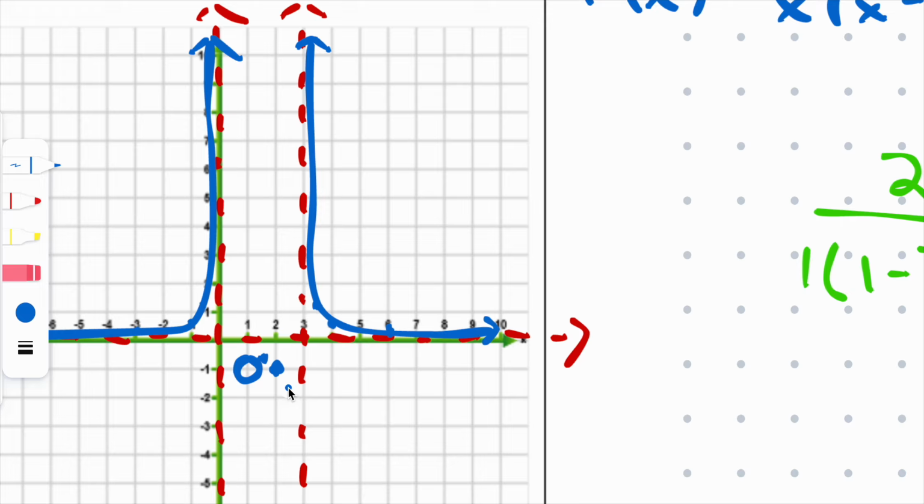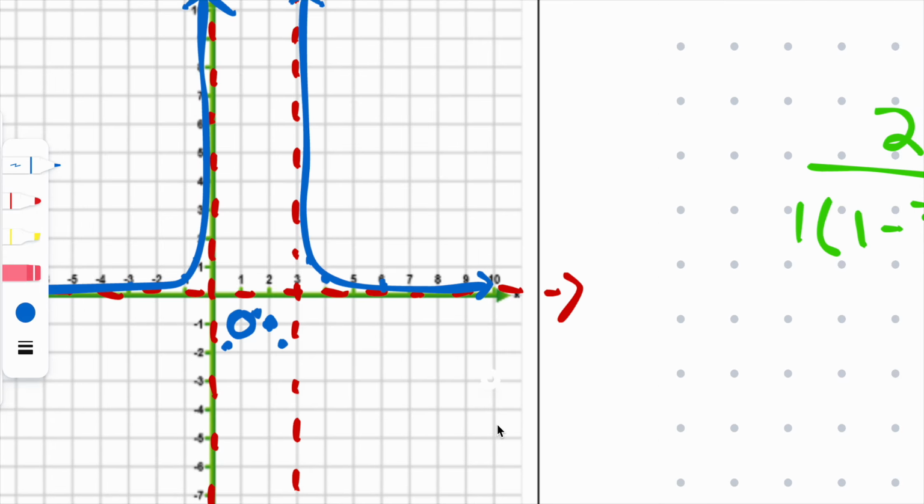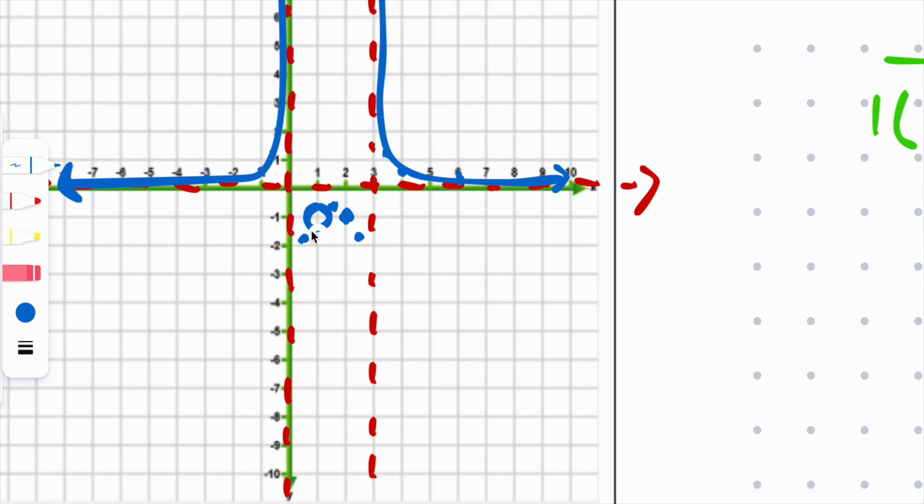So I'm going to put a point right here. And if you plug in 0.5, you're going to see that it's the same thing. And so we start to see something that looks like a parabola, but is not. It definitely is not a parabola. Start to form down here. Something that looks like that.